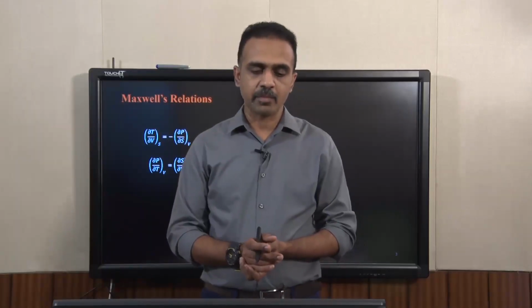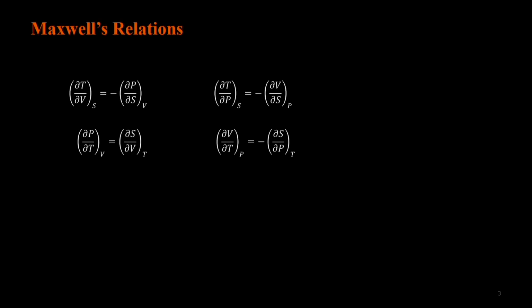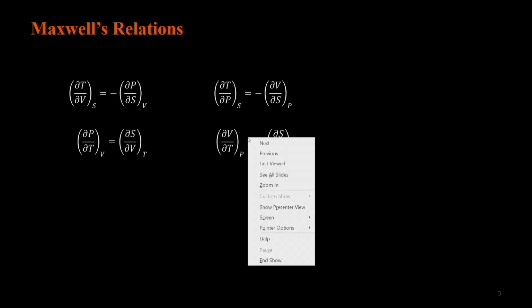And then we derived some very important relations known as Maxwell's relations that relate things that we can measure to things that we cannot directly measure in a laboratory setting. These types of equations will help us extract information we need from the information we can measure in the lab.